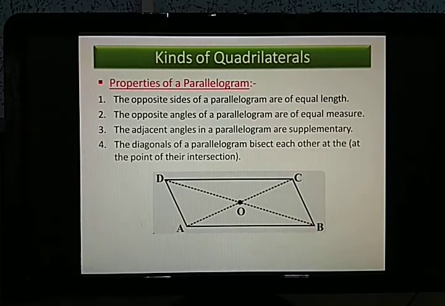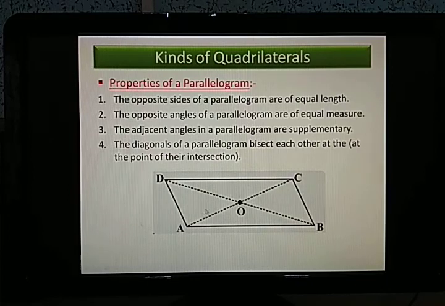So next, moving on, the last property: the diagonals of a parallelogram bisect each other. Here you have to consider triangles COD and AOB. Again you can use any of the congruency rules, but according to your textbook, what you need to prove here is that AO and OB will be equal to OC and OD.